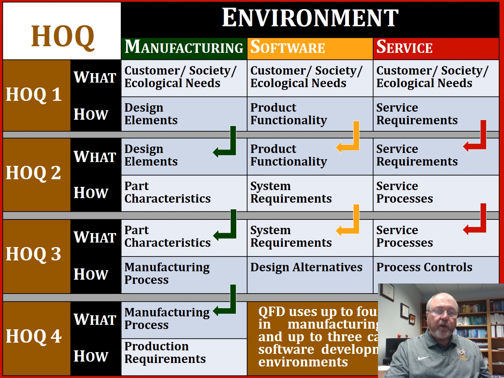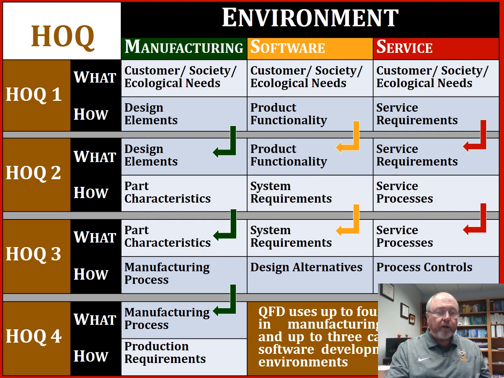next one. So if we look at the manufacturing environment, you start out with the customer needs. And I would say if you're really being thoughtful, it would be customer, societal, and ecological needs you're considering as the whats and the design elements as the hows. In the second house of quality, the design elements, which were previously the hows, become the whats. Part characteristics become the hows.